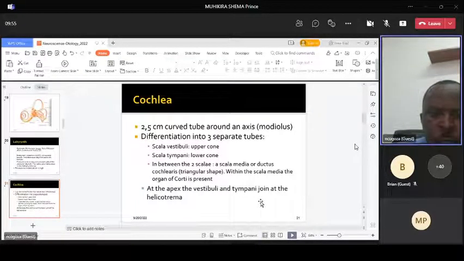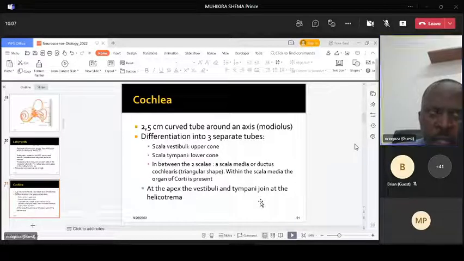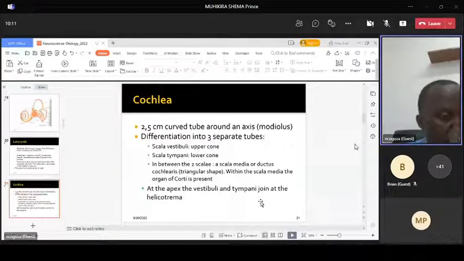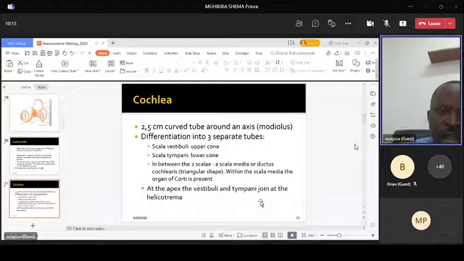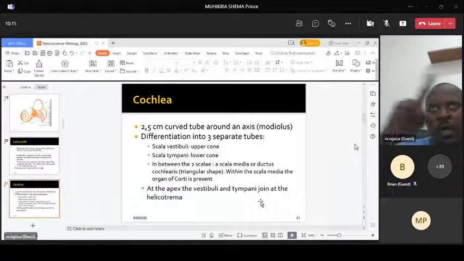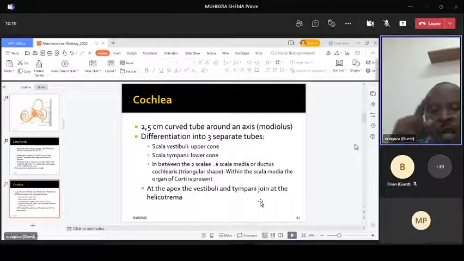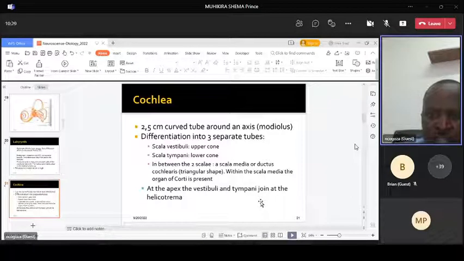Now, if you go to the cochlea, the cochlea is made of some chambers as well. You see the cochlea, it's like a shell turning around an axis.